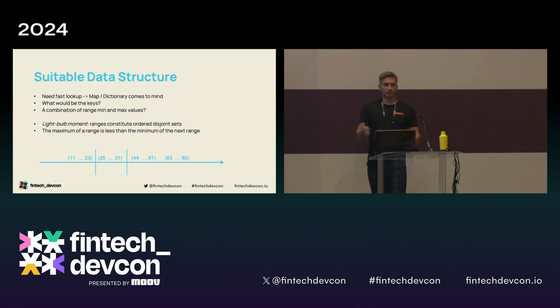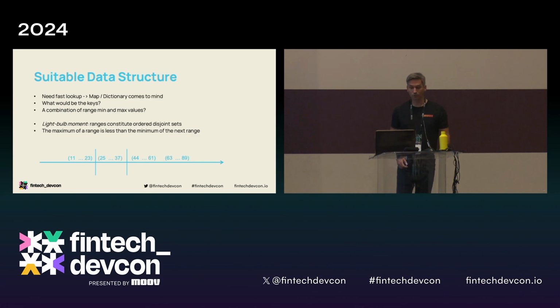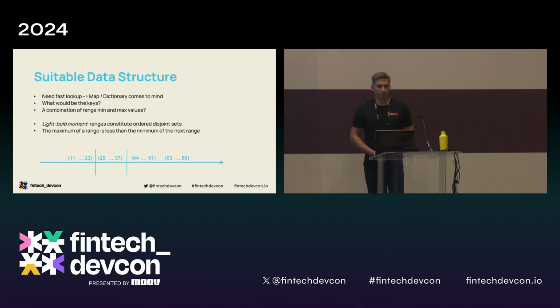So here, we instead sit down and think a bit and come to this light bulb moment where we realize that, hey, these ranges actually constitute ordered disjoint sets. What does that mean if I try to translate it into plain English? That just means that the maximum of any given range is less than the minimum of the next range. And this is great for us. Why? Well, because this property of the data set makes it strictly monotonic.